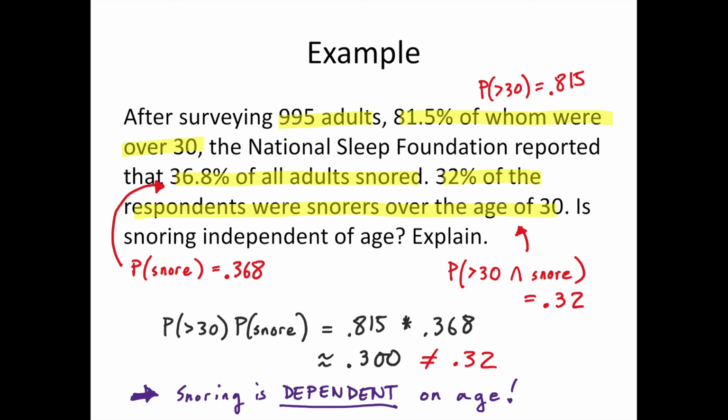So since those two numbers are not equal, I cannot say they're independent events. Instead, I conclude that they are dependent events. Snoring is dependent on age. Now, you may have wanted to say that without doing any of this math, but the idea here is we've got to use the math to prove dependence in this case.